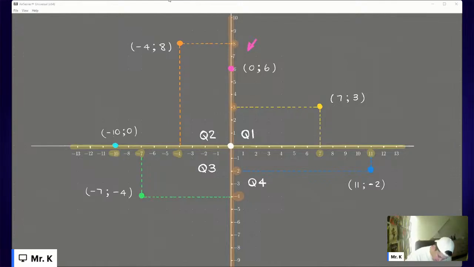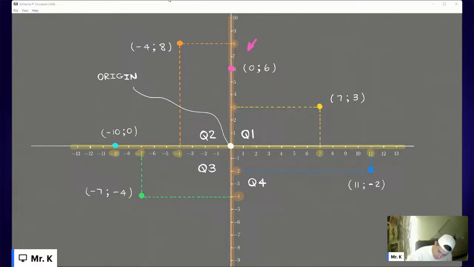The white dot sitting right in the center over here is known as the origin, right? What does the word origin mean, grade sevens? Origin means where something started, right? And this is where the x and y axes both started.